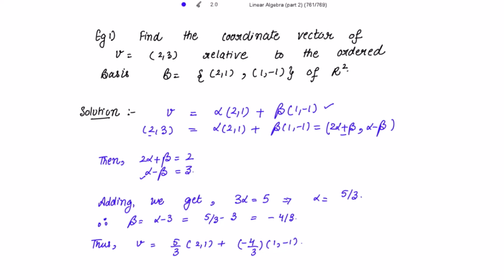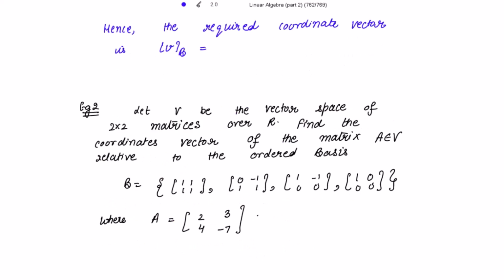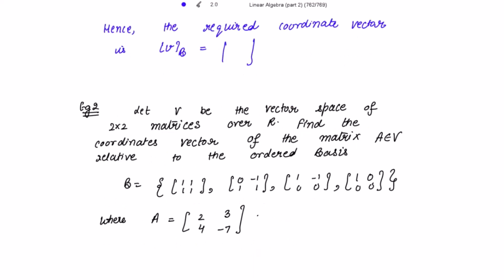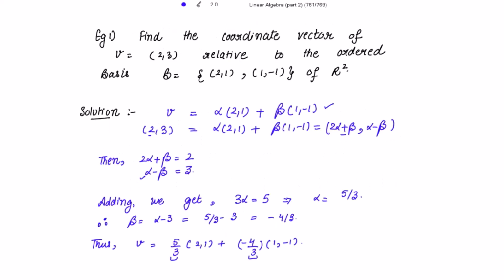Right? So these are your coordinates. So writing the coordinate vector relative to the ordered basis B, just write down these scalars, the values of alpha and beta: 5 by 3, negative 4 over 3. Yes.